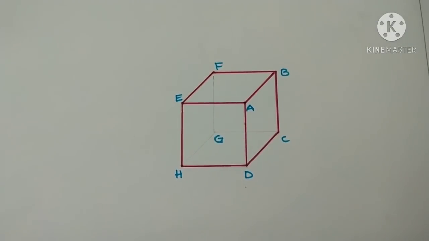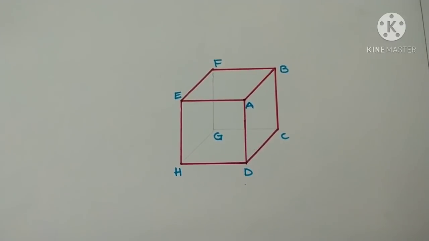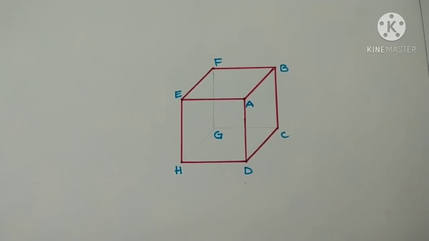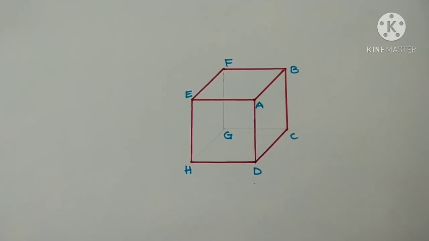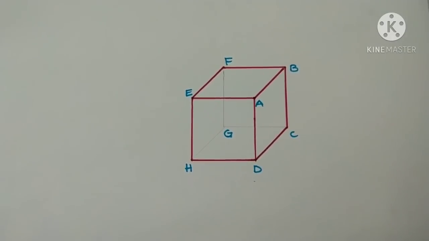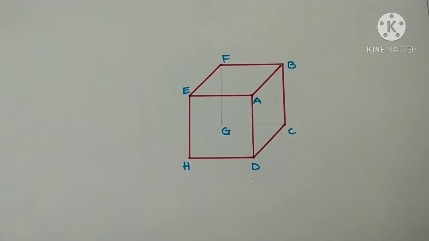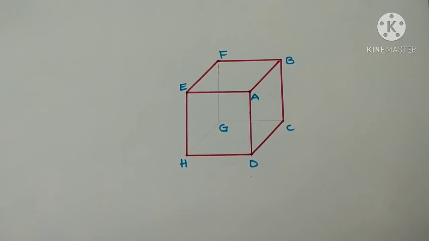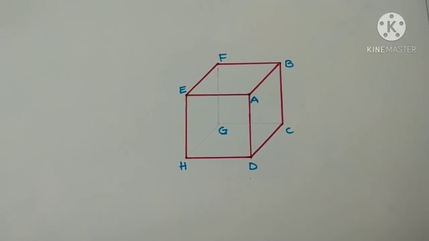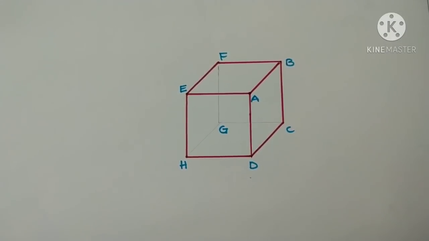Now we can see the different types of views, that means the possible views of an object. For this particular object there are six possible views to define it on our drawing sheet. So we can see those six possible views.